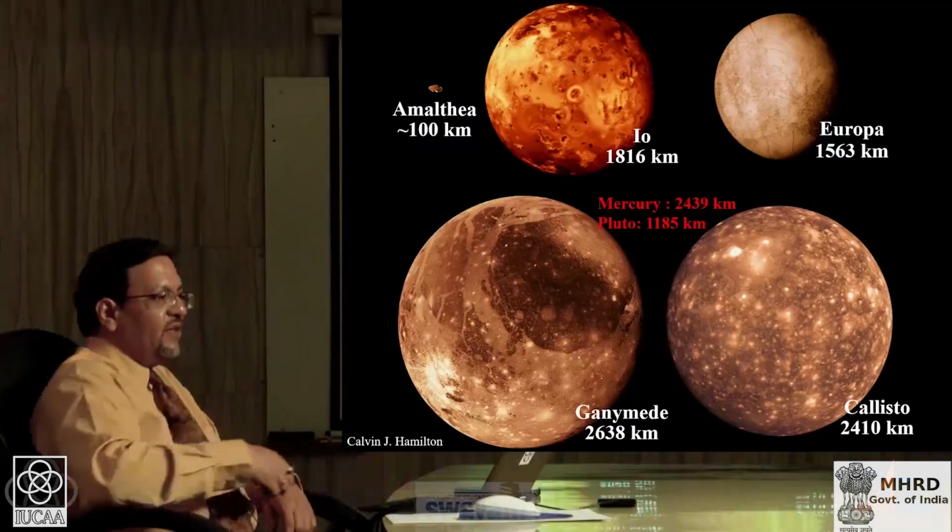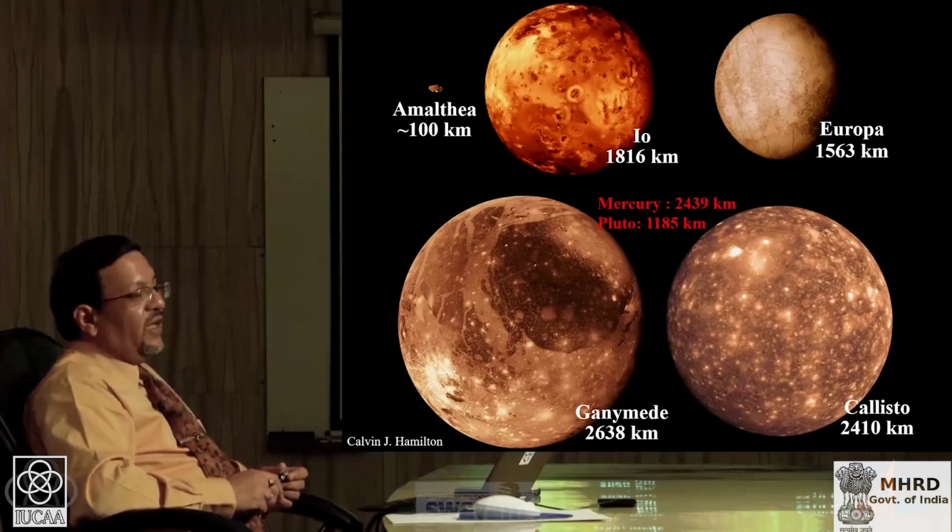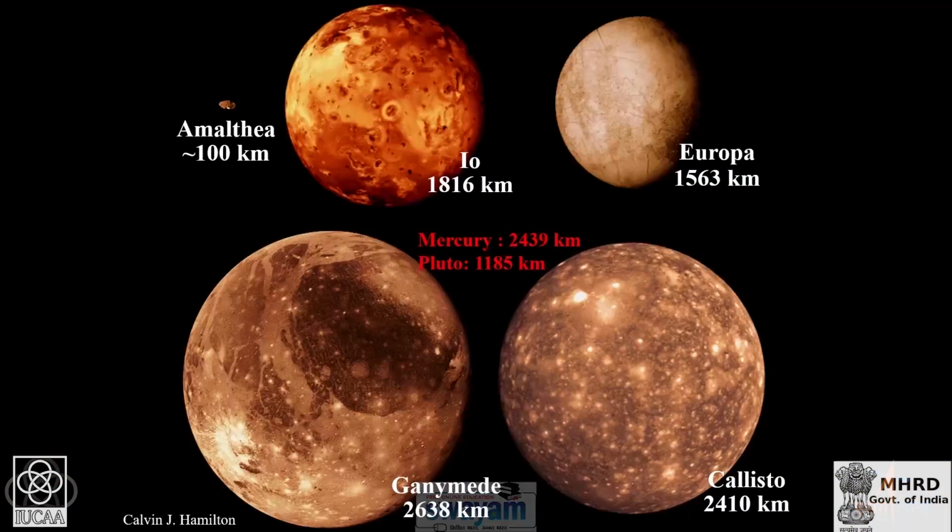If you compare this with other Galilean satellites, so this is Io, and then we have Europa, Ganymede and Callisto. These 4 are called Galilean satellites because they were discovered by Galileo Galilei in 1600 using his primitive telescope. Ganymede is the biggest satellite in our solar system, and it is even bigger than Mercury and Pluto.